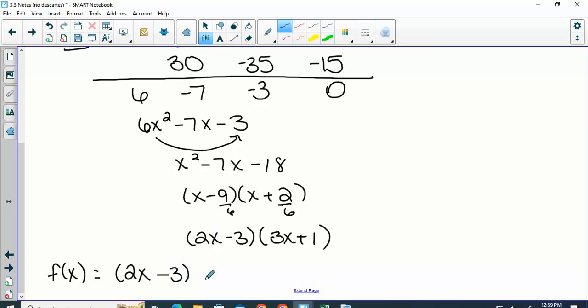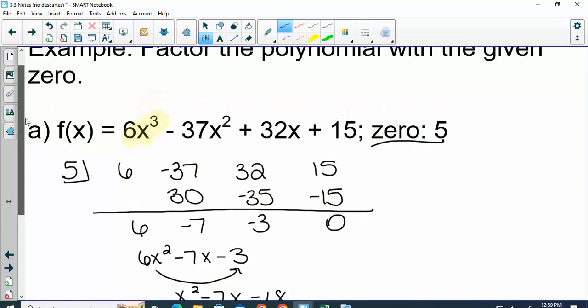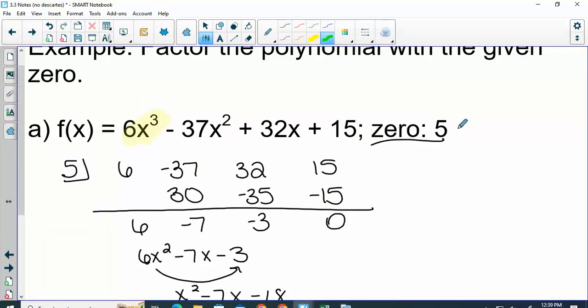But right now with only those two, I would only get an x squared. So what else do I need down here so I would get an x cubed? We need another x. But what was our other 0? We were given that 5 was a 0. So what was the factor when you put an x with it? Would it have been x plus 5 or x minus 5?